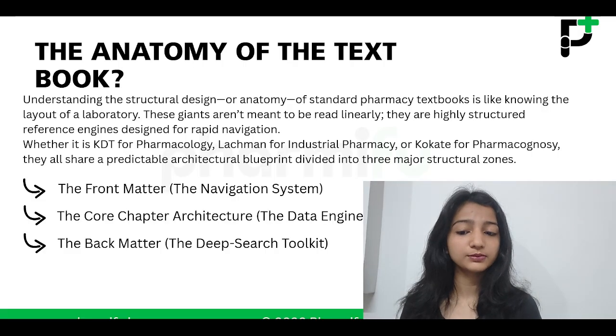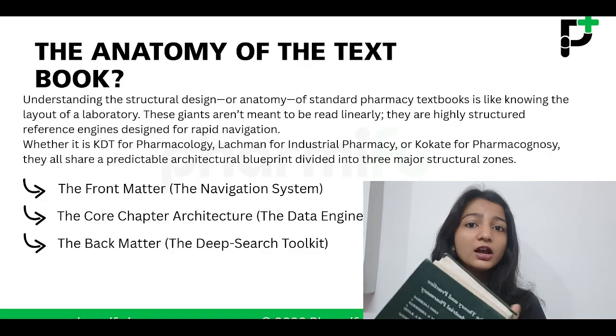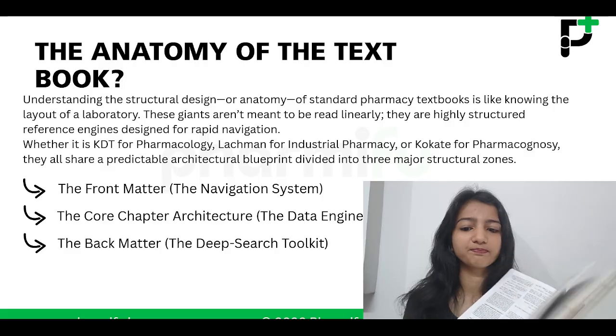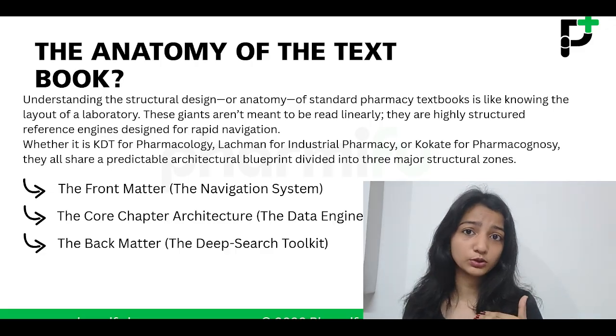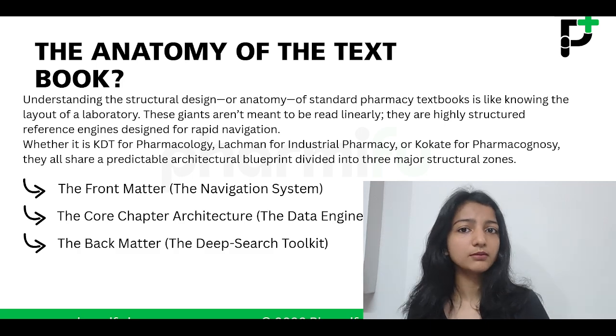If I talk about the anatomy of the book, it is a hardcover book with all the text written within, like this. The parts into which the textbook is divided are the front matter, the core content, and the back matter. All these things matter precisely.